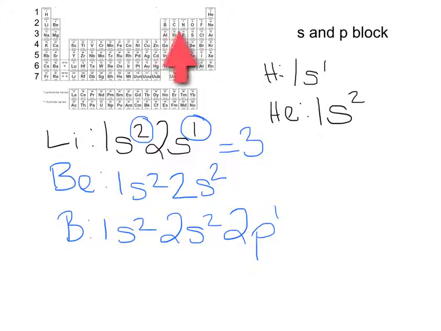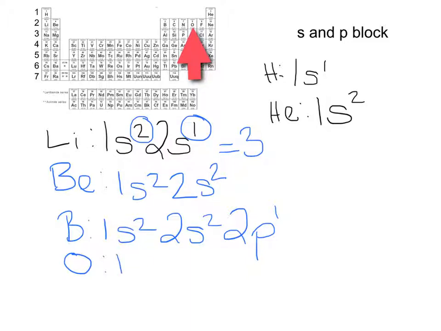So let's do some harder stuff. We'll do oxygen and then we'll skip to neon. So let's do oxygen. Are you getting the point yet? 1s2, 2s2, still in row 2, this is P block, and then I have to go over 1, 2, 3, 4.